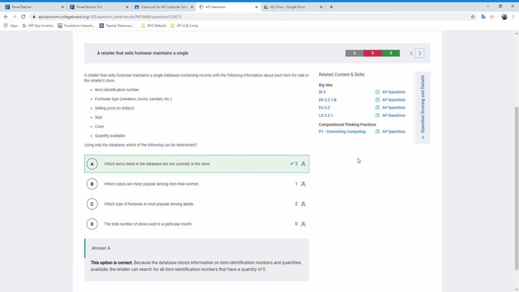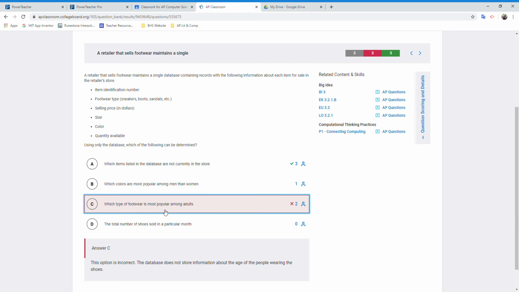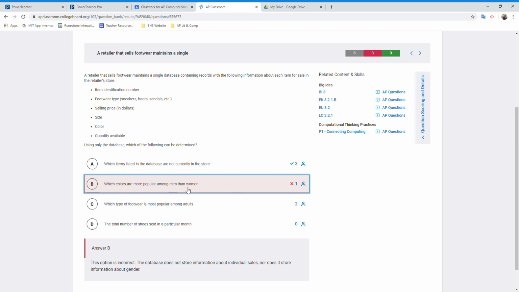Now, this one, retailer. Now here's the thing. Retailer is saving records: the identification number, the type, selling price, size, color, and quantity. This one we kind of went for a walk. About half of us got it wrong. The type of footwear that is most popular amongst adults. Well, if I'm going to save that information, I better have the purchaser's age. I don't ever collect the age of the purchaser. What colors are more popular among women?